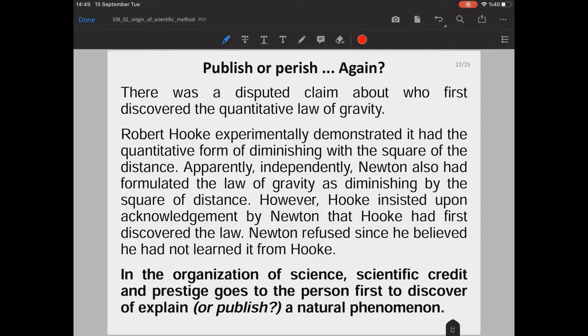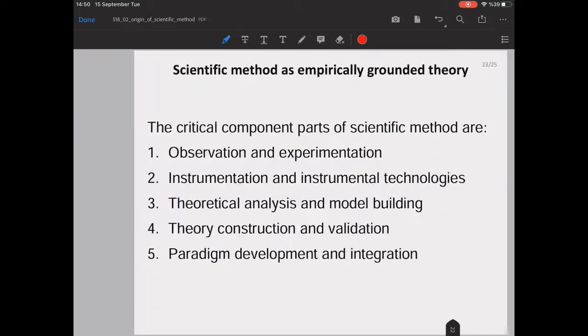And how can you say that you are the first? Just by publishing. So if you don't publish your results, even though Hooke was right, maybe we don't know. Since he didn't publish it, he couldn't come up with a strong argument here. He had a disadvantage here. So it tells us about the importance of publishing in this scientific domain.